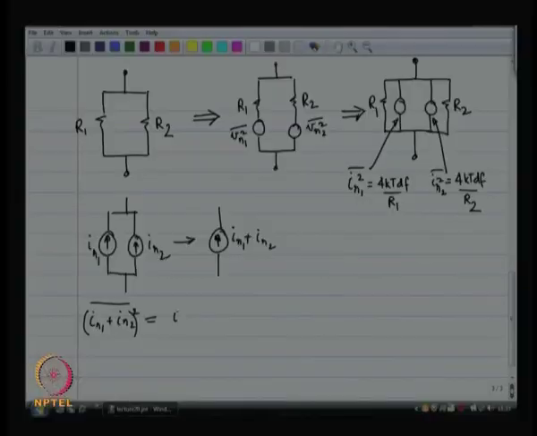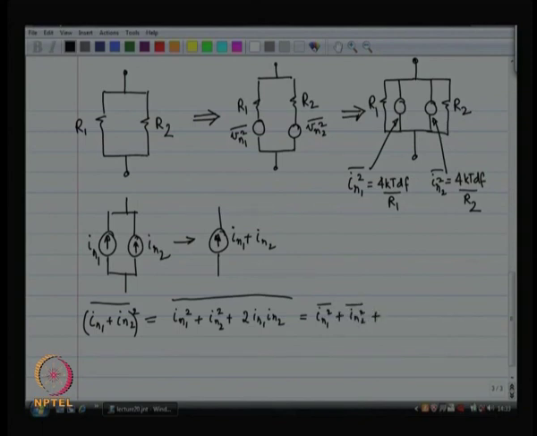Now, I n 1 plus I n 2 squared, mean of that is equal to the same mathematics as before: I n 1 squared plus I n 2 squared plus 2 I n 1 I n 2, combined mean of everything, which is equal to I n 1 squared mean of that plus I n 2 squared mean of that plus twice times I n 1 I n 2 mean of this.